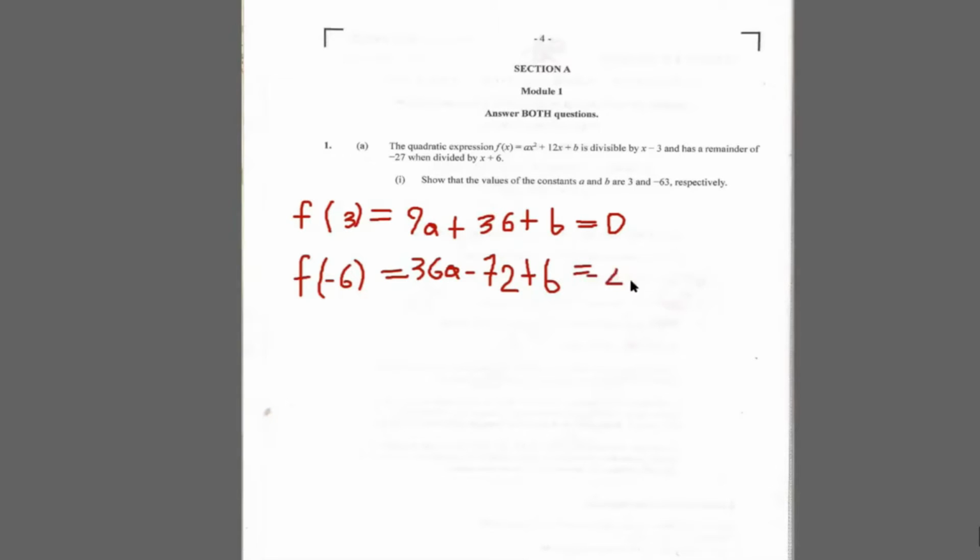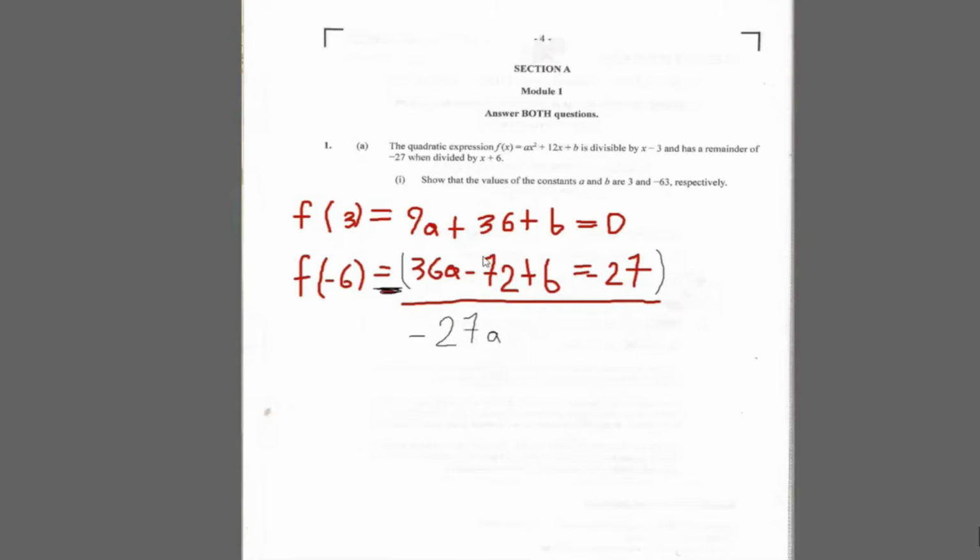So what you can do now is subtract these two equations, just to make it simple. 9a minus 36a, that's minus 27a.